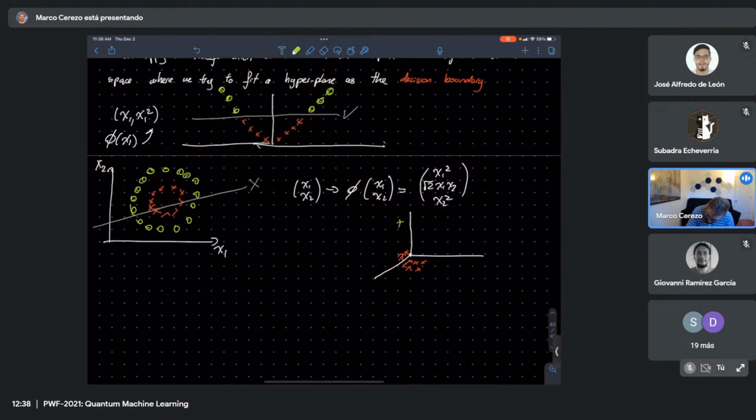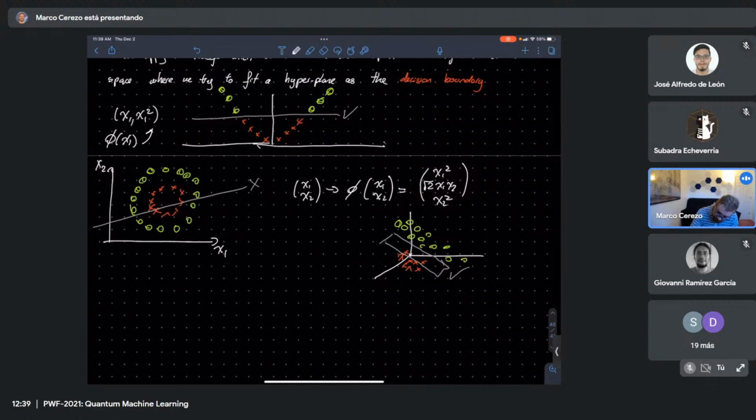You can try to remake those plots in a prettier fashion if you use Python or Mathematica, and double check that what I'm doing is correct. And here, of course, I can draw a plane that is going to separate the data, right? So here I can have a linear hyperplane decision boundary.